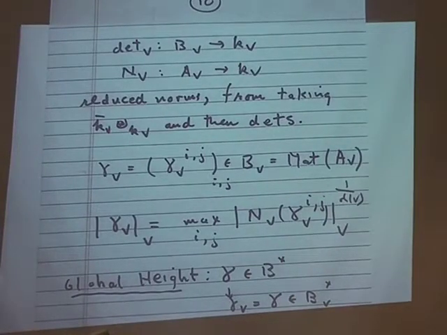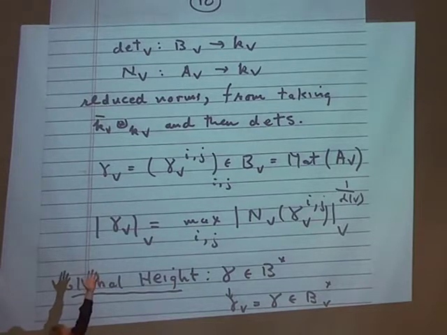One of the things in this theory that's important is the reduced norms. There's reduced norms on both B sub v and A sub b. If you take either of those algebras and you tensor with the algebraic closure of K sub b, you get a matrix algebra. When you do that and you take determinants, you get a well-defined norm, which is multiplicative.